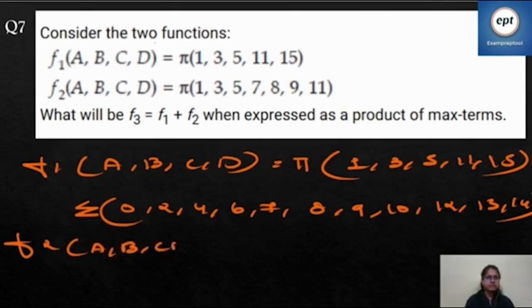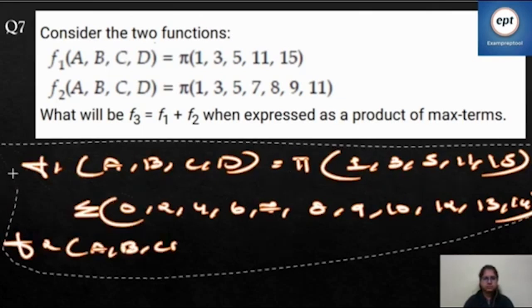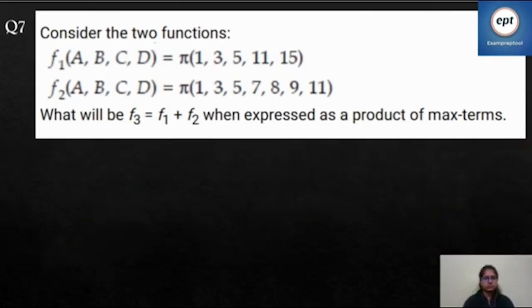So let's write this on the new page. First you have seen f1, now let's see f2.